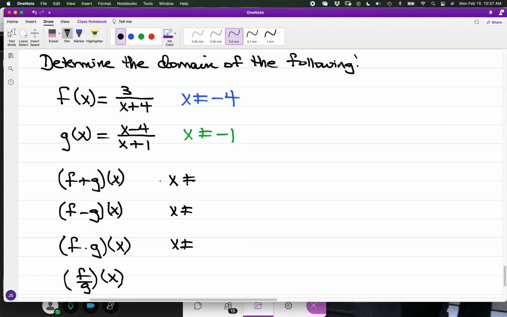For the sum, difference, and product functions, in order to be able to work with f of x, x cannot be negative 4. Now let's do a little bit of color coding here. You also have the restriction that x cannot be equal to negative 1, so that you can still operate with g of x.